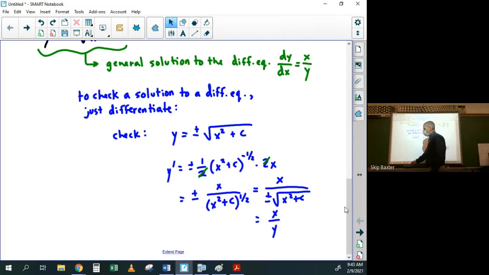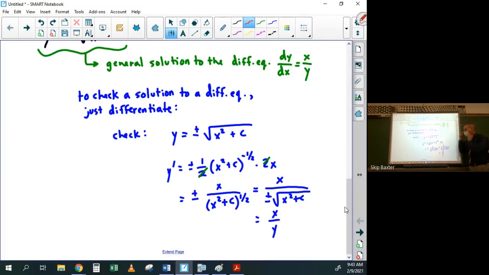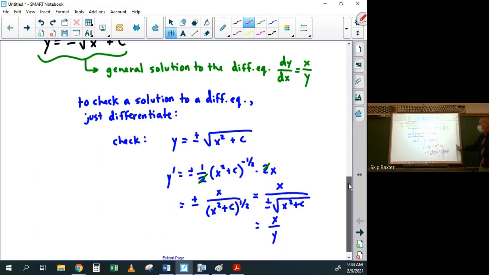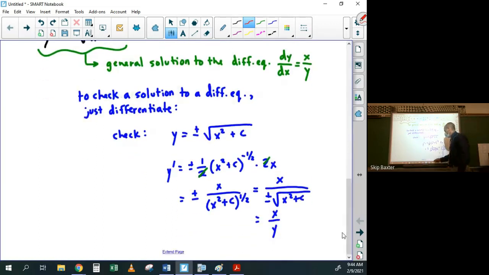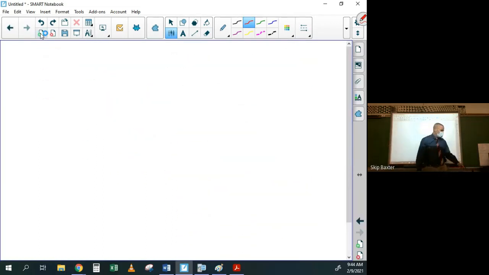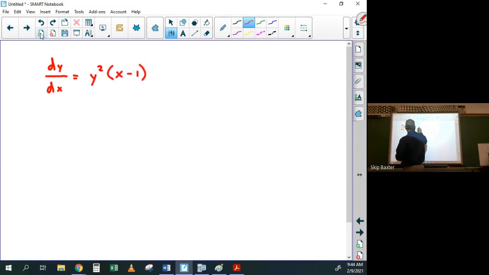So that's the good part about a differential equation solution. You can always check to see if you're right, and you're 100% sure that you are if it works out. Okay? Let's try another one. With this one, if I have dy dx equals y squared times x minus 1. So step 1 is to separate the variables.